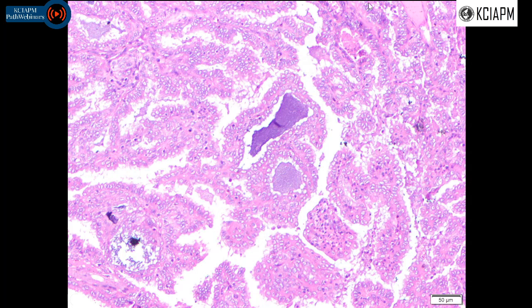Going back to the slide, this shows that some of these spaces contain basophilic material, somewhere, of course, eosinophilic. There was a little bit of calcification, but true Psammoma bodies were not seen. No normal thyroid tissue was observed.